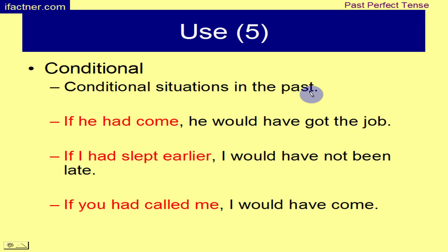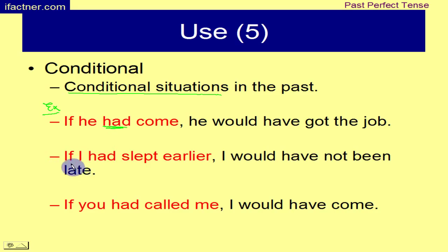And we also use past perfect tense for the conditional situations in the past. Here are few examples. If he had come, he would have got that job. So here for the conditional situation we are using past perfect tense.